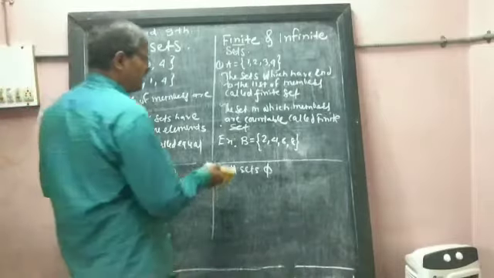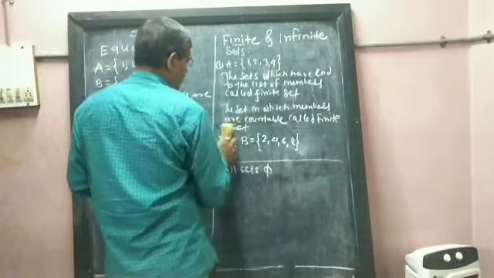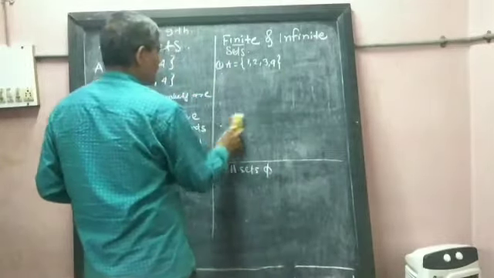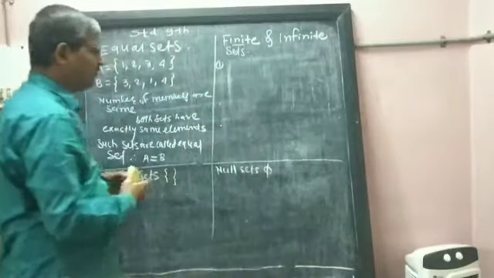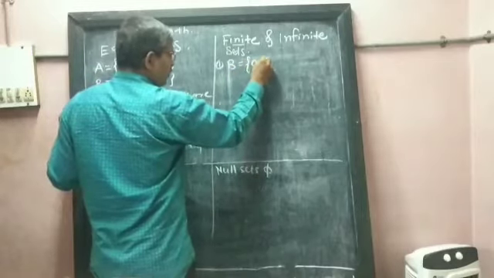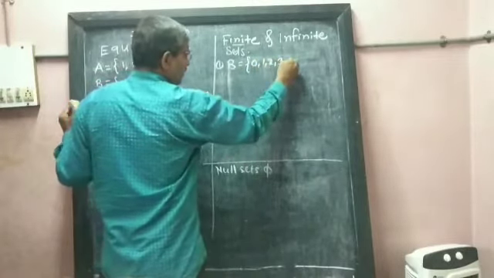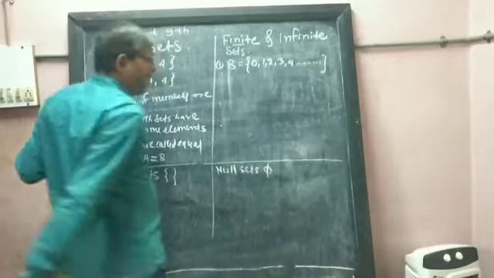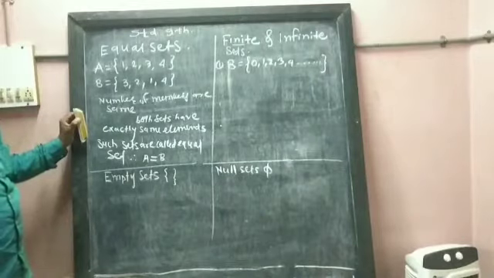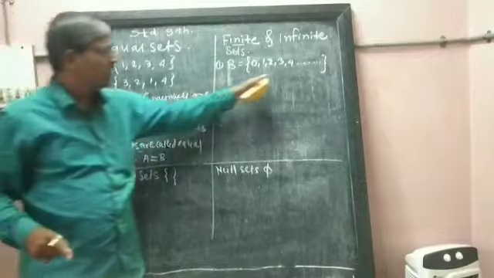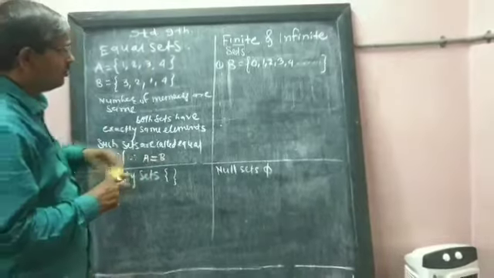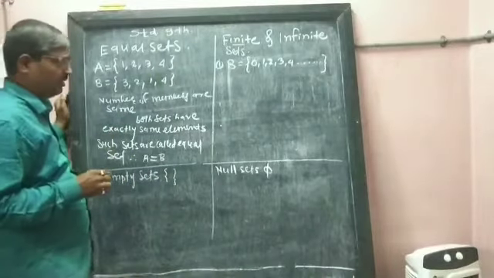Now then, infinite sets, we will take an example of infinite sets. What is meant by infinite set? Look here, 0, 1, 2, 3, 4, dot, dot, dot, dot, dot. Means after 4 there are uncountable number of elements. You cannot count there; dot, dot, dot, dot given means after 4 again this set B contains elements. So such a set is called an infinite set.